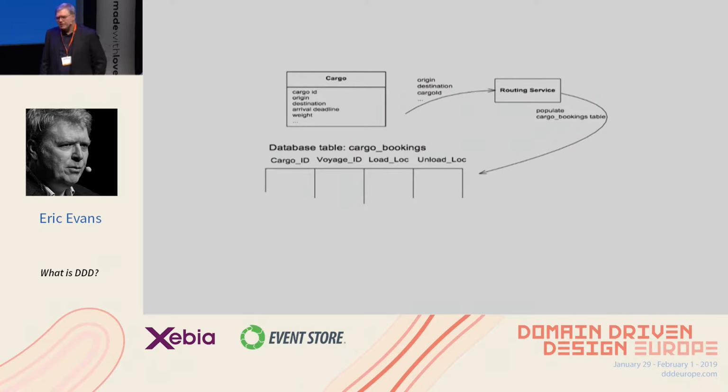For example, with this set of eyes, I might notice that there is a side effect here, kind of a problematic side effect, that as the routing service does its job, a very complex piece of logic, it is also updating the database.